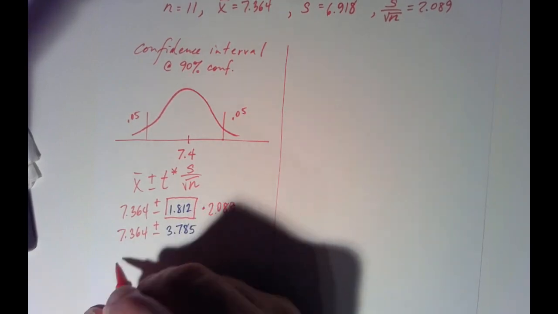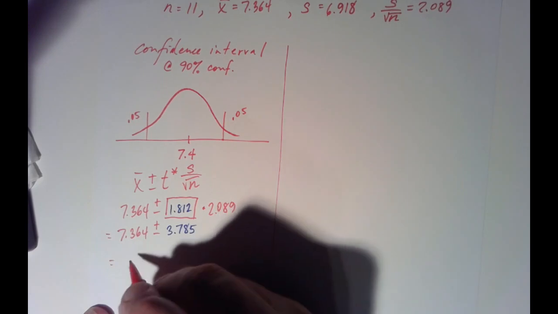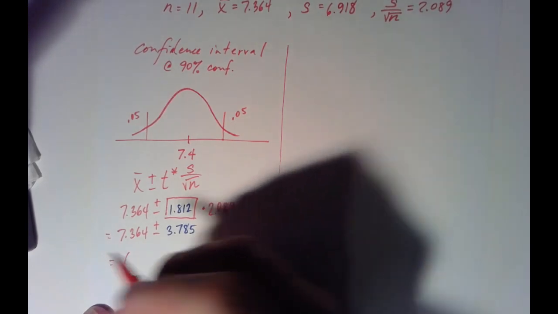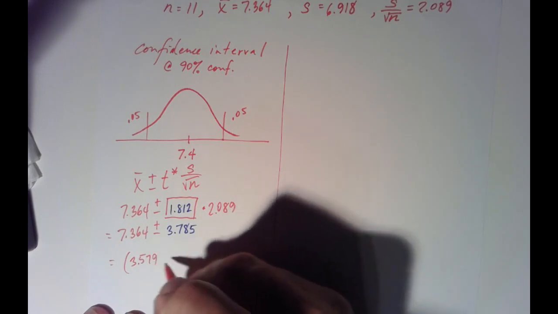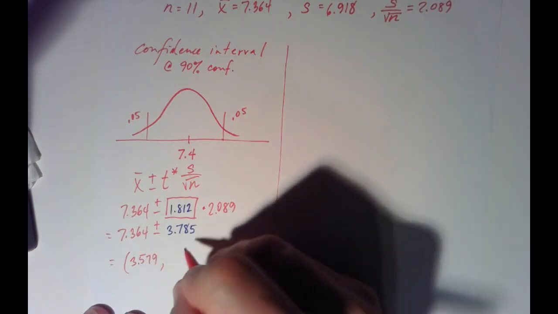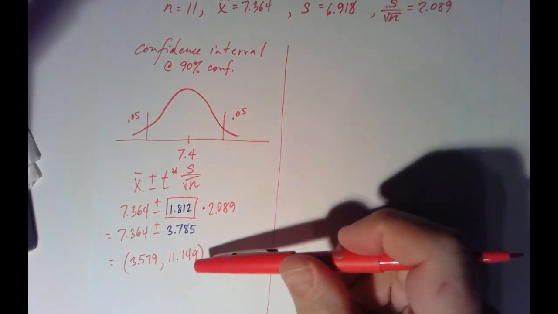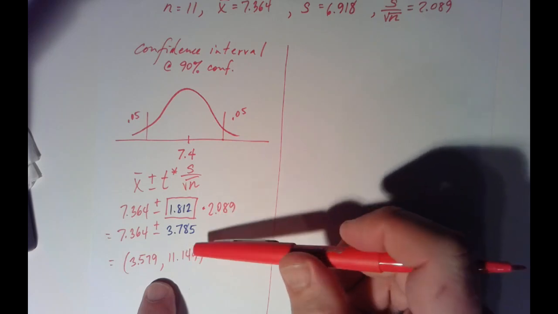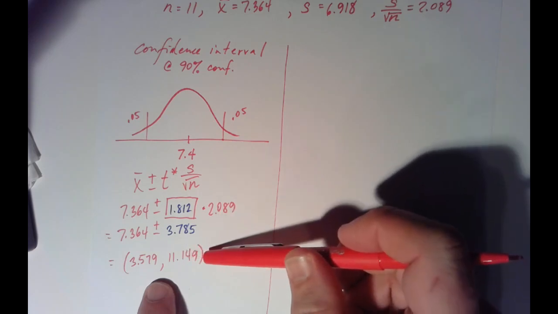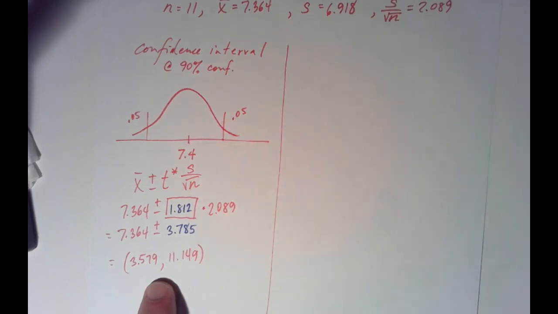And now, what is this interval? If you subtract, you get 3.5 on the low end. And if you add, you get 11.149 on the high end. Remember, in English, we say that this interval has a 90% chance of capturing the true population mean.